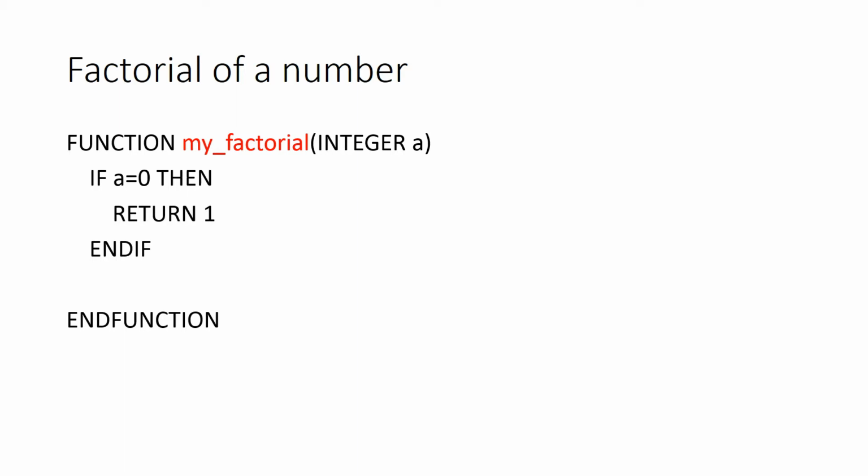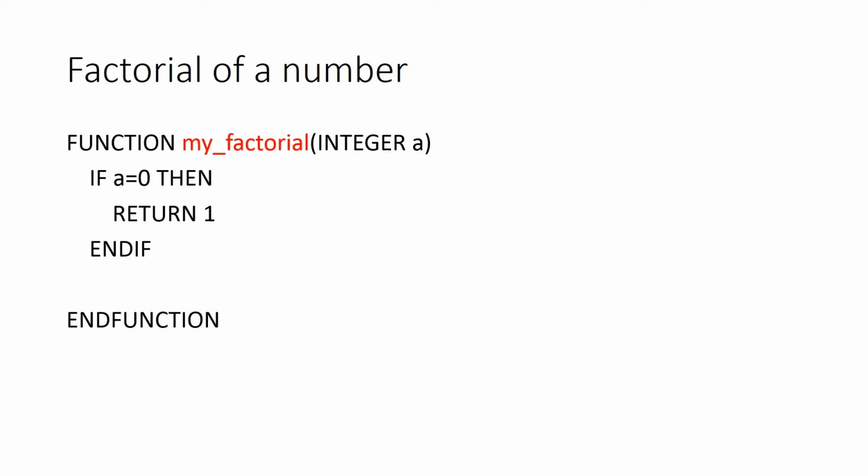So the first thing we write in a recursive function or recursive procedure is the ending statement. We know it will finish: myFactorial, receiving an integer, will always finish when the variable is 0. Okay, and then if it's not 0, what if it's 1, 2, 3, 4?